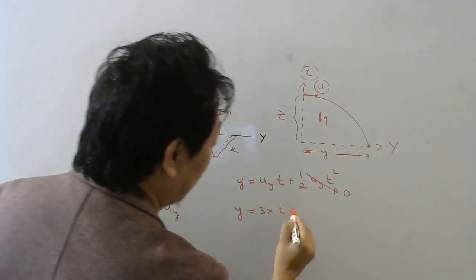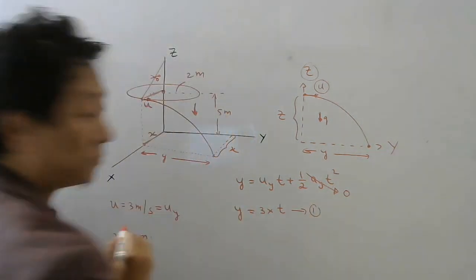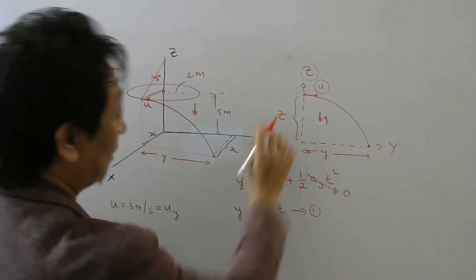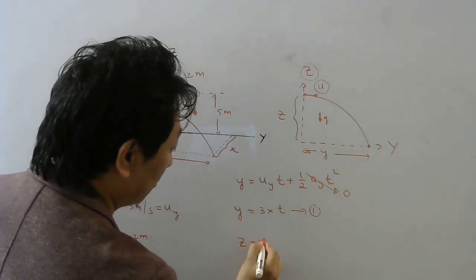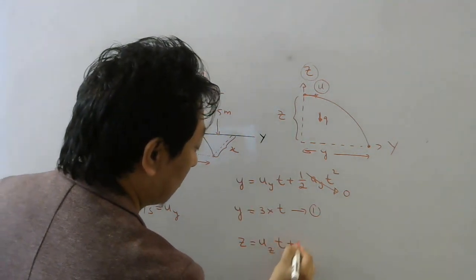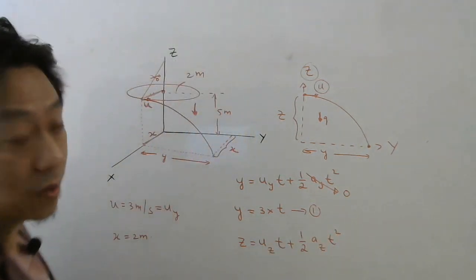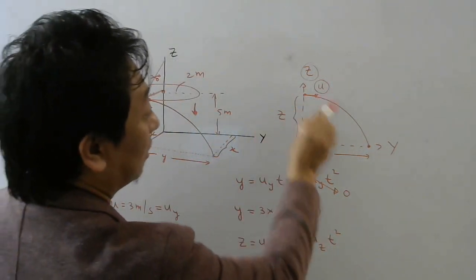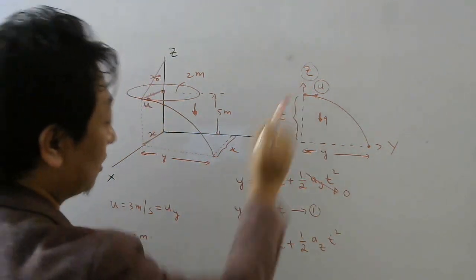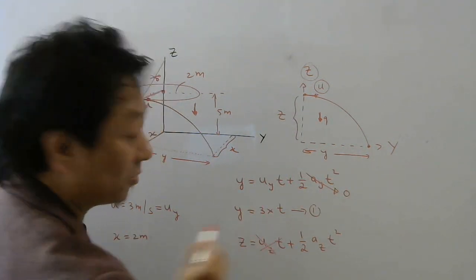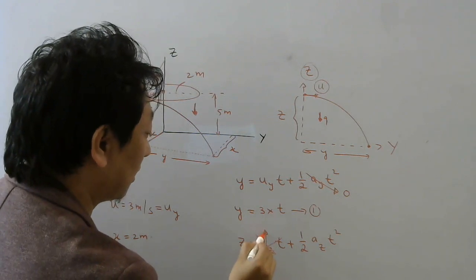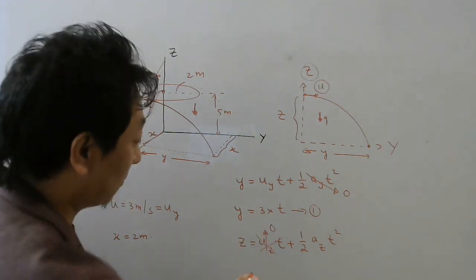So we need to find t in order to find y. So for that, let us use this z equation also. So z will be equal to uz t plus half az t square. You can see the particle was thrown parallel to y-axis. So initial z component will be 0, right? So initial z component of velocity is 0.